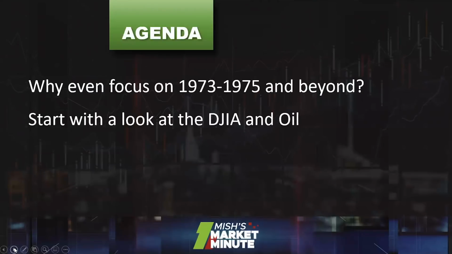So let's begin. Why even focus on the period of 1973 to 1975 and beyond? We're going to start with a look at the Dow Jones Industrial Average and oil, but I just want to mention that the reason I got interested in this was because many economists have been calling the recent market activity similar to the Great Depression of the 1930s, and clearly there have been some comparisons.